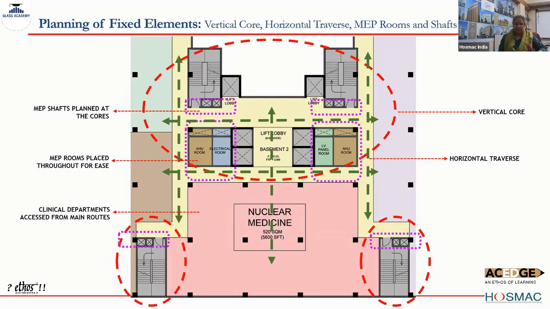And the best place for them to be accessed is from the main corridors, okay? The main corridors, the main horizontal spine will always be next to lifts, to vertical cores, whether it's a housing building, whether it is a mall or a commercial complex or a healthcare building.